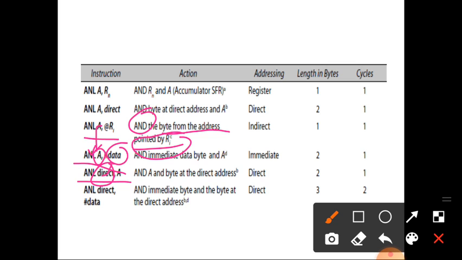Then ANL direct, #data. Here, AND the immediate data byte with the byte at this direct address, and the result will be stored in the direct register.